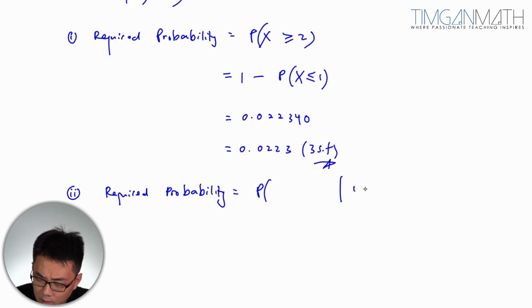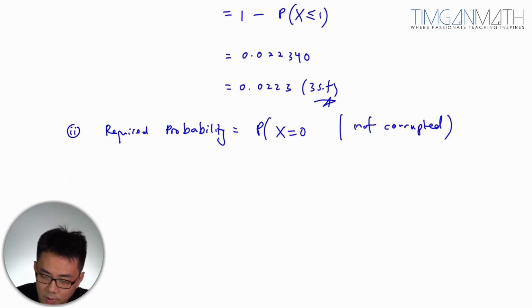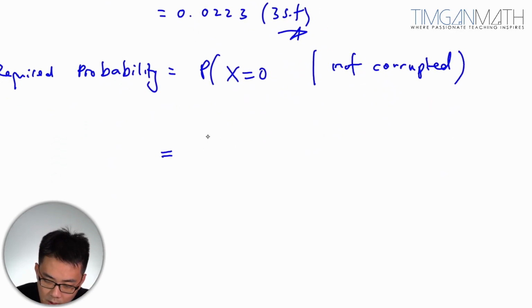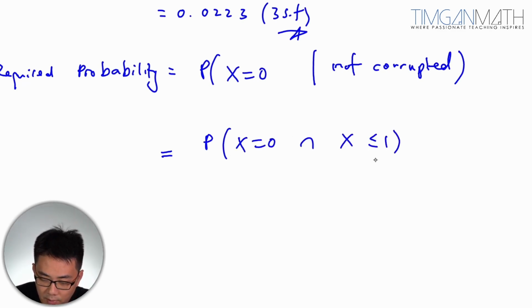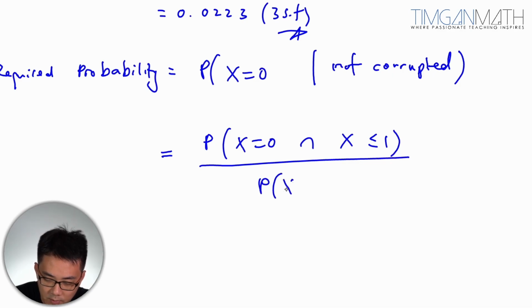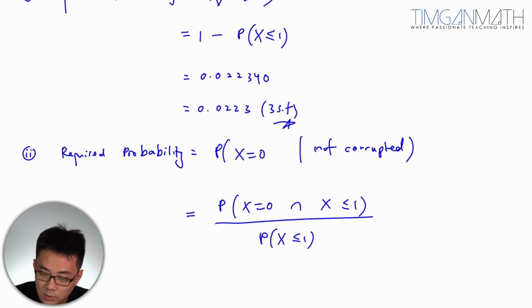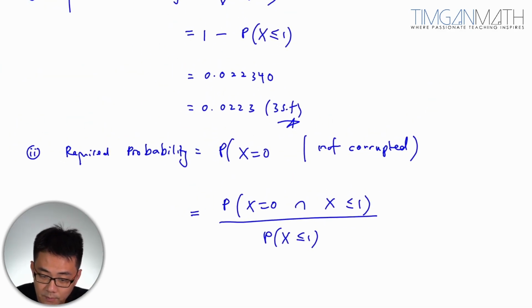No corrupted is the intersection with not corrupted, which is X at most 1, what we did just now. So not corrupted means X at most 1.